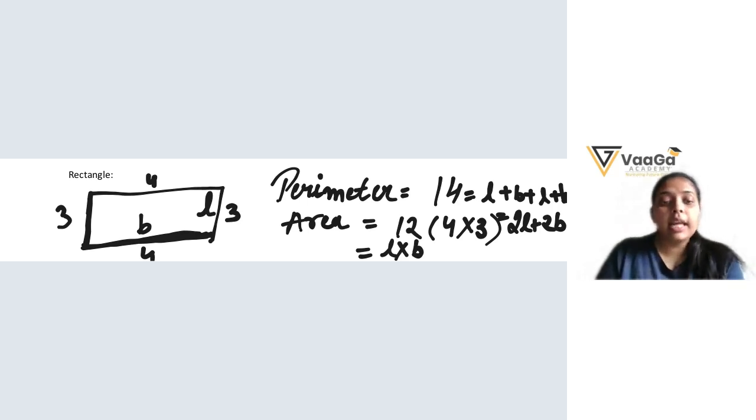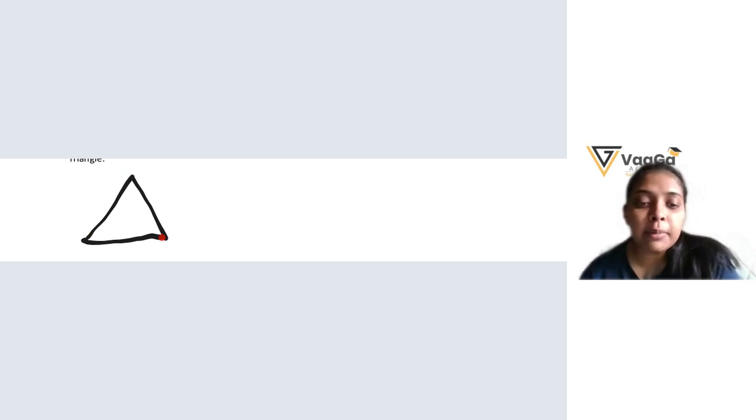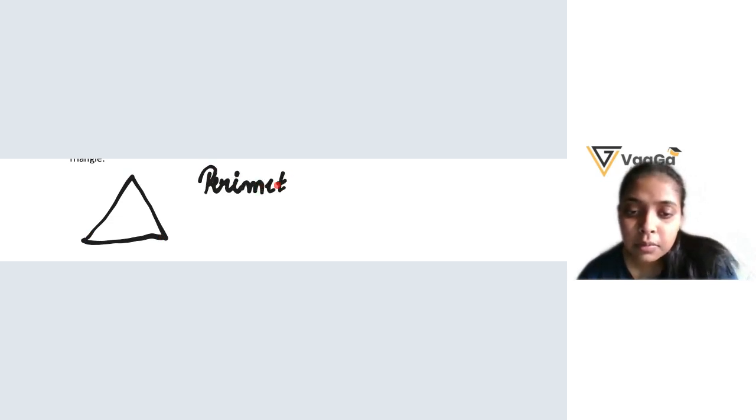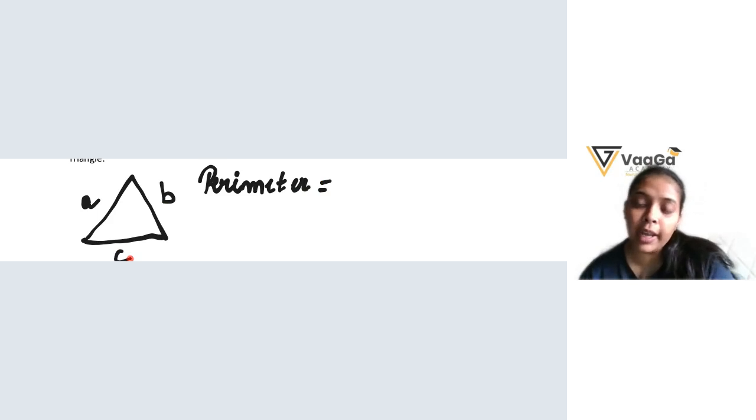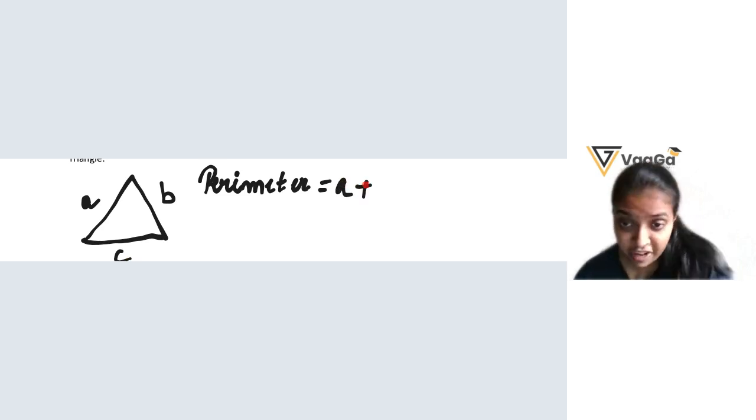Very good. Now let's talk about the triangle. This is how a triangle looks. Can you tell me the formula for the perimeter of a triangle? If this side is A, this side is B, and this side is C, the perimeter will be A plus B plus C. Very good.